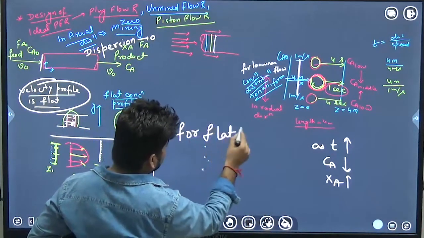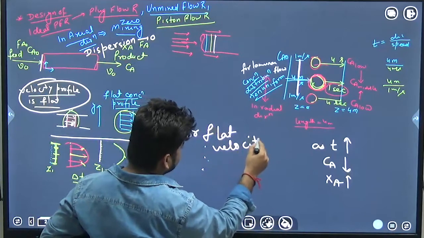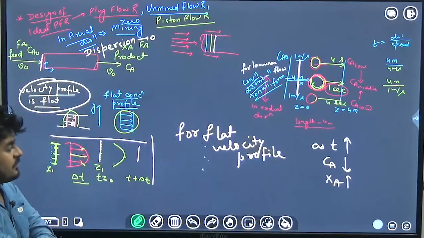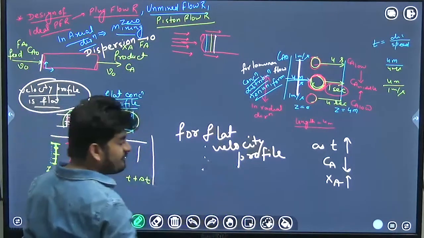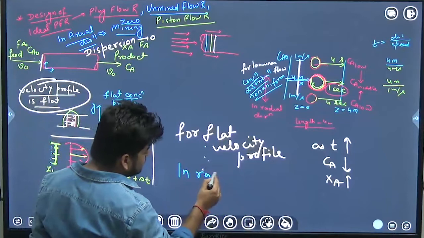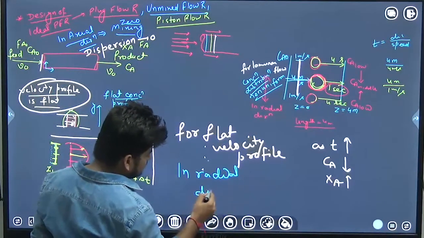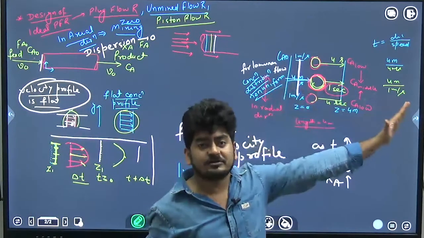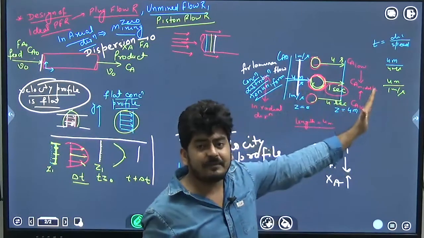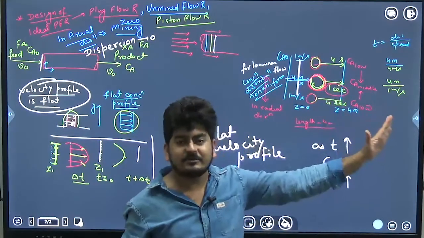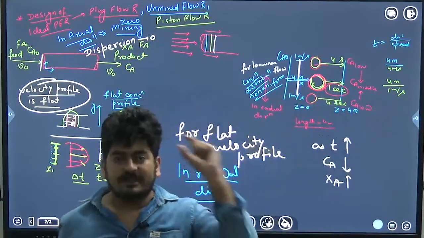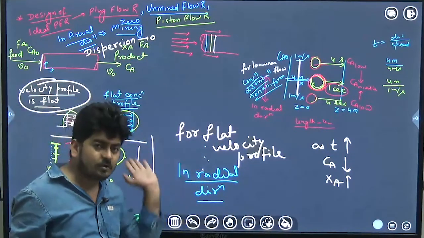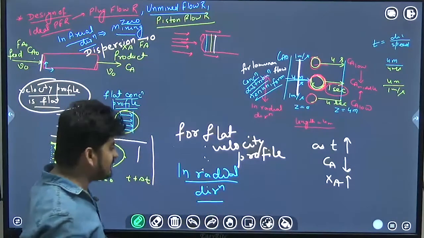For a flat velocity profile, it's obvious that in the radial direction, as all molecules are moving with the same velocity, they will cover the entire length of the reactor in the same time. So their reaction time is the same, their conversion will be the same, their concentration will be the same throughout the length of the reactor in the radial direction.